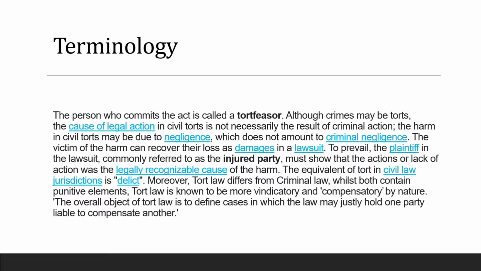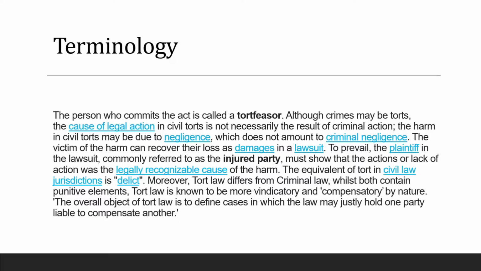Although crimes may be torts, the cause of legal action in civil torts is not necessarily the result of criminal action. The harm in civil torts may be due to negligence, which does not amount to criminal negligence. The victim of the harm can recover their loss as damages in the lawsuit.